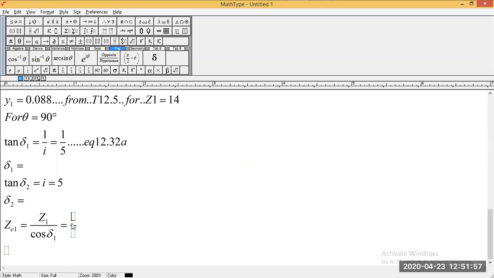Z1, we already know Z1 is 14, and delta 1 is tan inverse of 1 over 5.